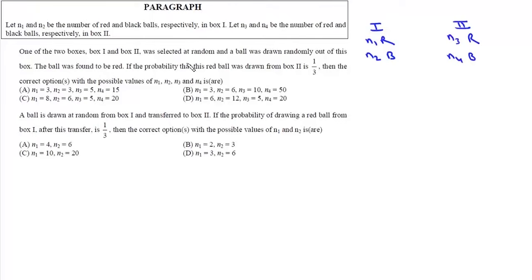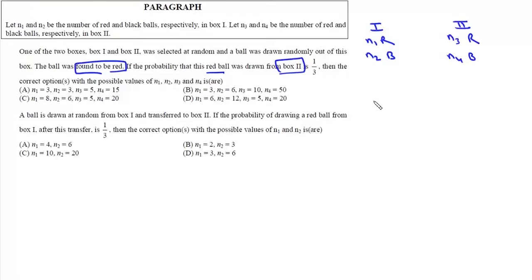Now one of the 2 boxes was selected at random and a ball was drawn randomly out of this. The ball was found to be red. The probability that this red ball was drawn from box 2 is 1/3. Then which of the possible values of N1, N2, N3, N4 is or are?